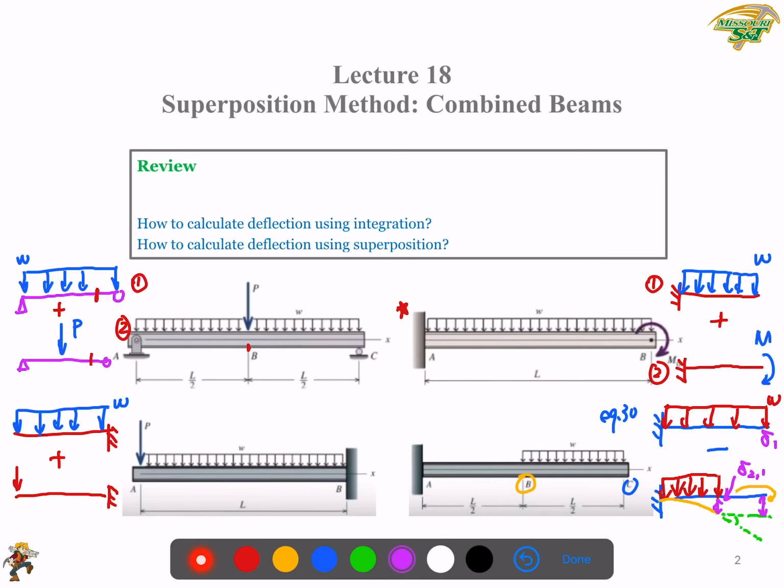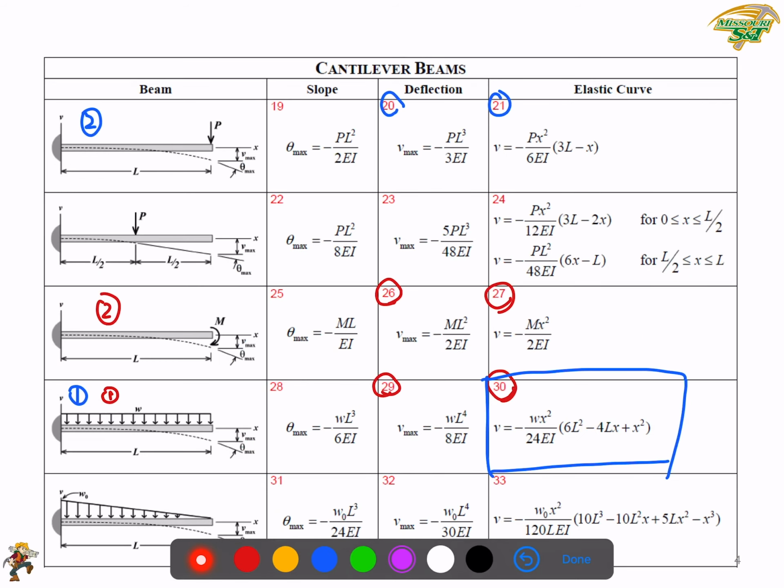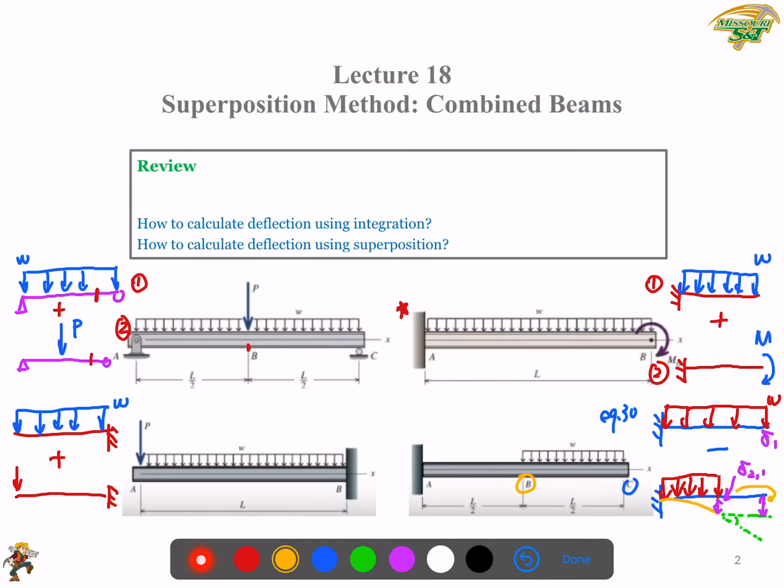And you can also use equation 28 to determine the slope at point B. Here at point B you can get a slope theta at point B. This is also the value of this angle here.